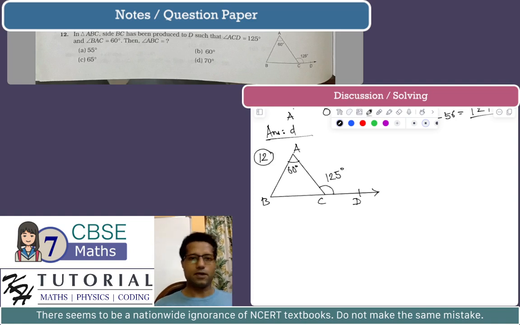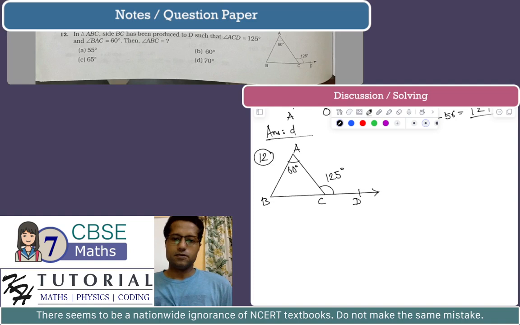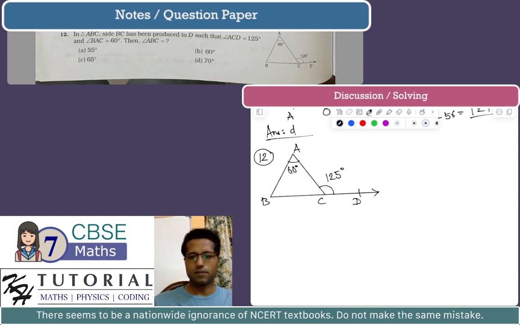So in triangle ABC, side BC has been produced to D such that angle ACD is equal to 125 degree and angle A is equal to 60 degree, then angle ABC. We are asked to find this angle.